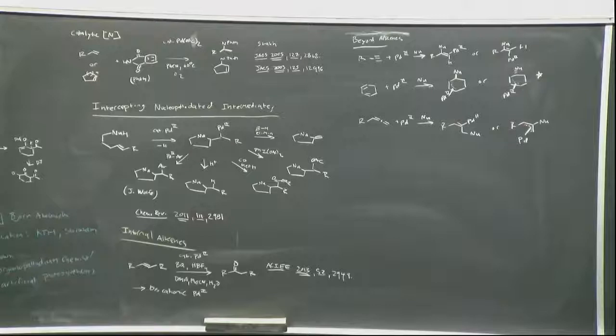Okay, based on what we've seen so far, let's see if we can have some insight on problem of the day number 3. So now instead of an alkene, we're going to consider a diene as our carbon electrophile.